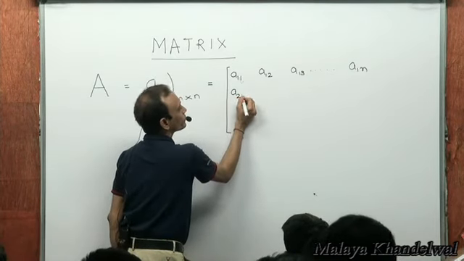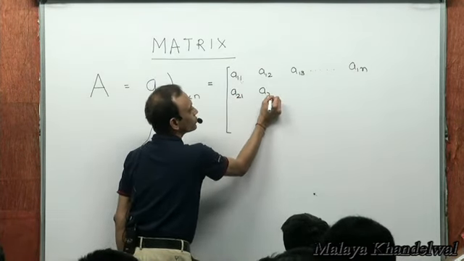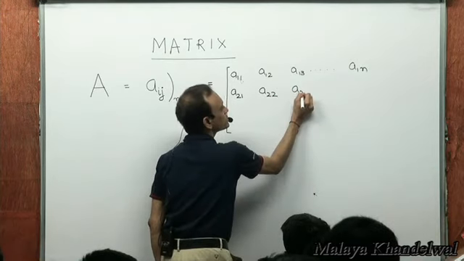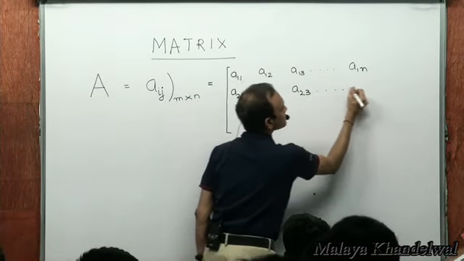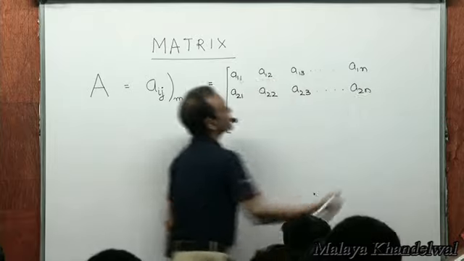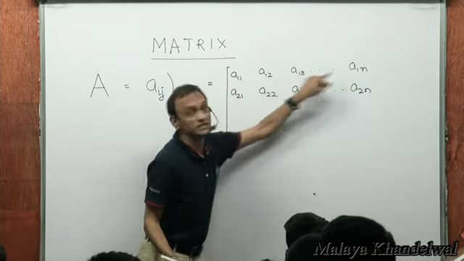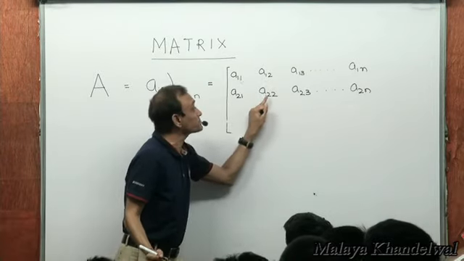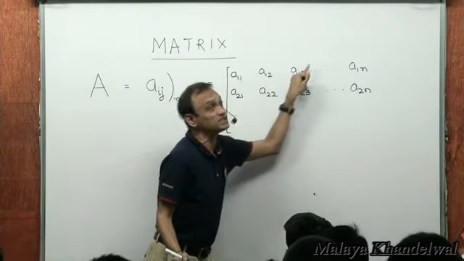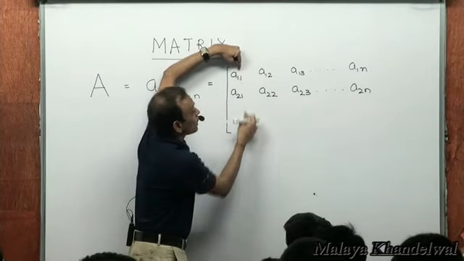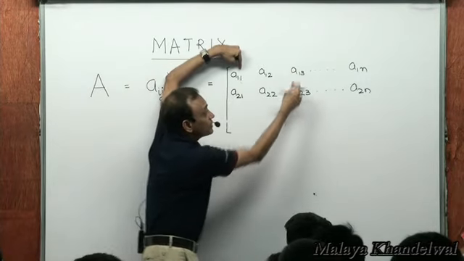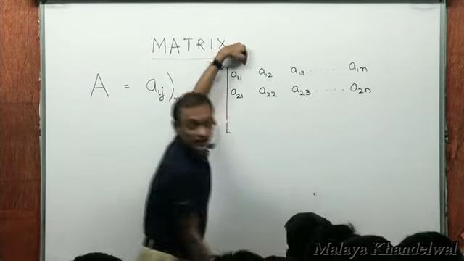Second row, first element, second row, second element, second row, third element, second row, nth element. The first subscript represents the row number. The second subscript represents the column number. This is the first column, this is the second column, this is the third column, this is the nth column.